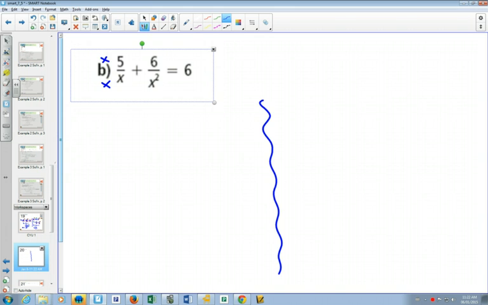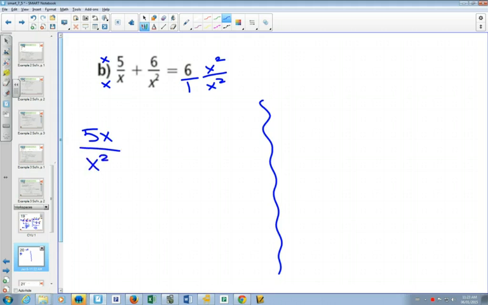The second fraction already has an x squared. The 6 is 6 over 1. It's missing an x squared as well. So if we go that way, we would have 5x over x squared plus 6 over x squared equals 6x squared over x squared. Now, if you multiply both sides by x squared, all of these would go away.